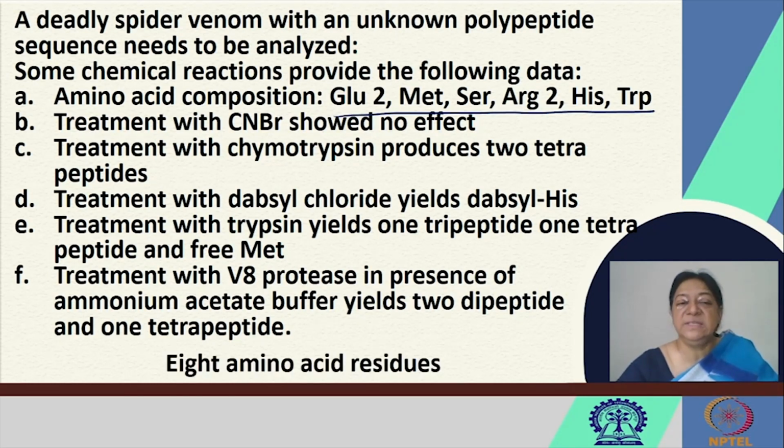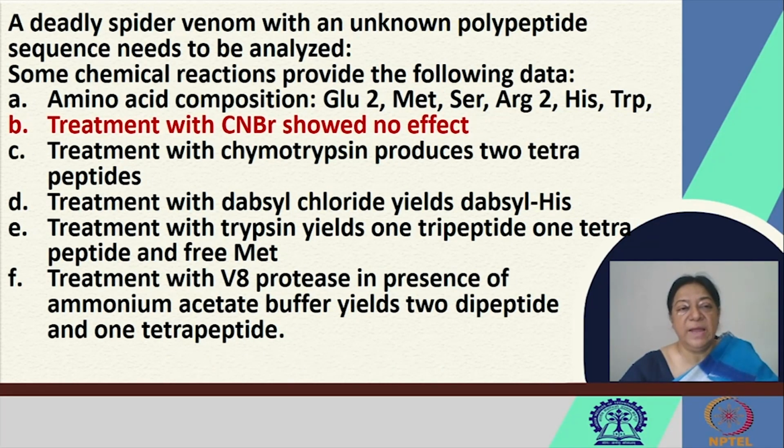So we have 8 amino acid residues. Now, from these 8 amino acid residues, we want to identify what we have. So we have the 8 residues that were determined from the first point. The treatment with CNBr showed no effect. We understood from the previous part of the lecture that CNBr acts on methionine to form the lactone.